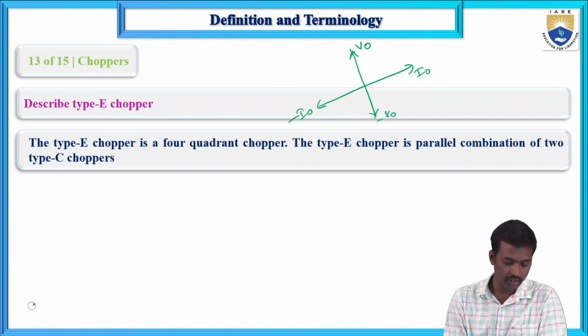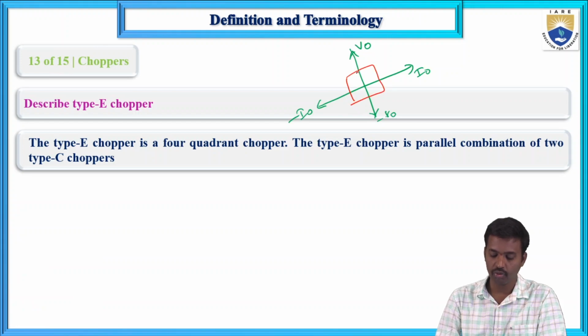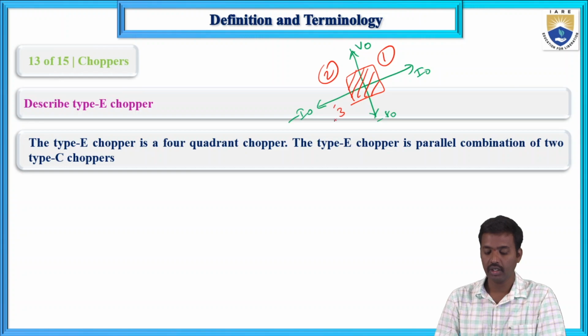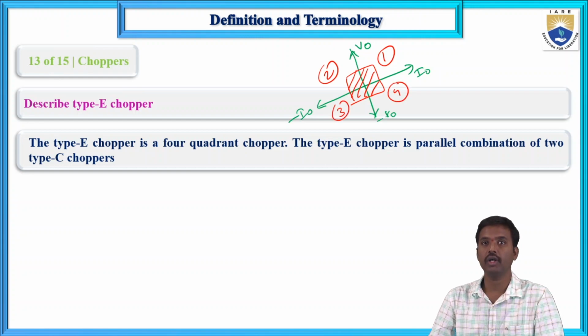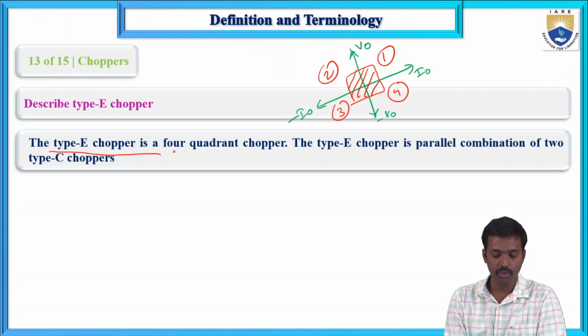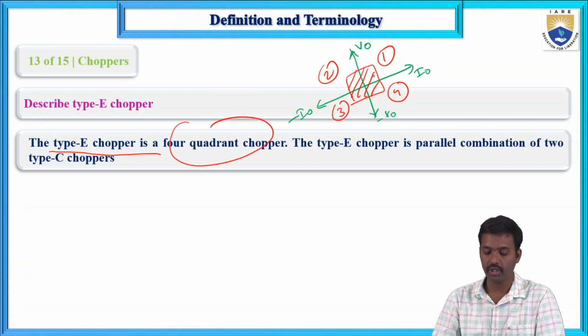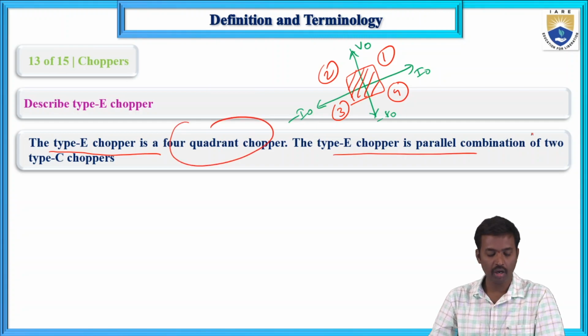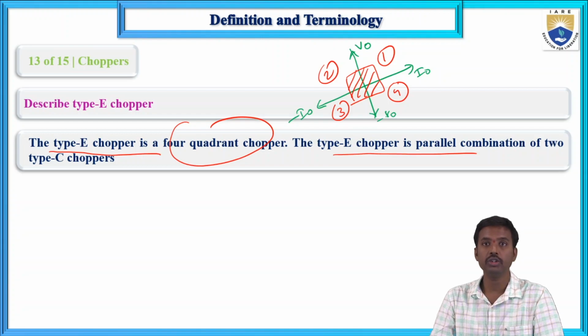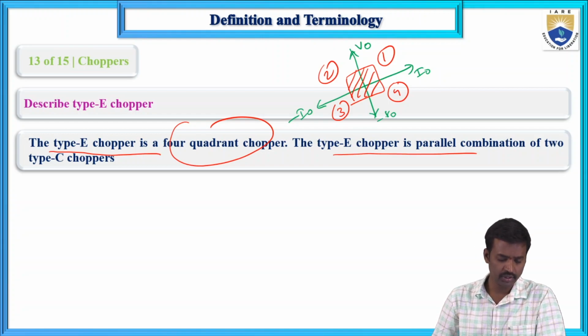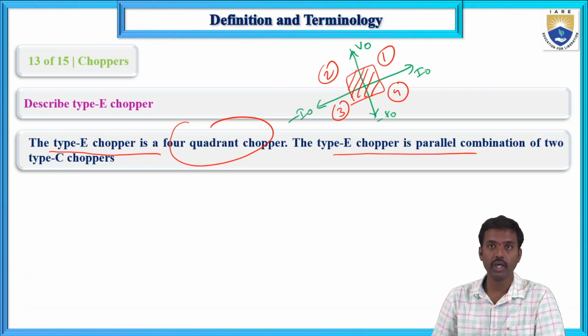Here it operates in all four quadrants: first, second, third and fourth quadrant. Type E chopper is a four quadrant chopper. It is a parallel combination, a back to back connection of two type C choppers.